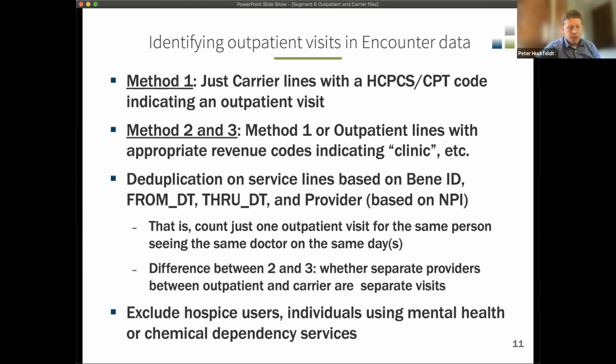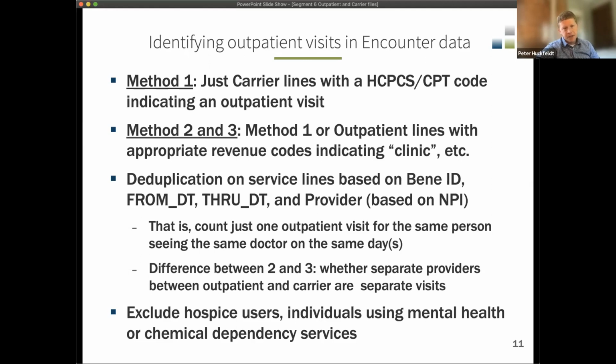So we performed a deduplication of the service lines based on the beneficiary ID, the from date on the service, the through date on the service, and then the provider of the service, which is based on the MPI. And so the idea here is basically, we just want to count one outpatient visit for the same person seeing the same doctor on the same day.